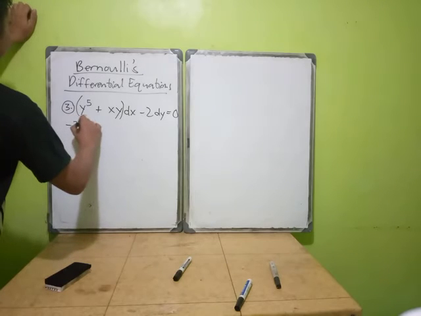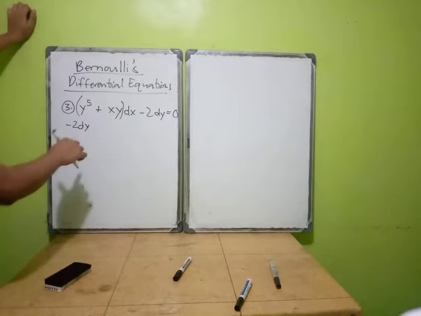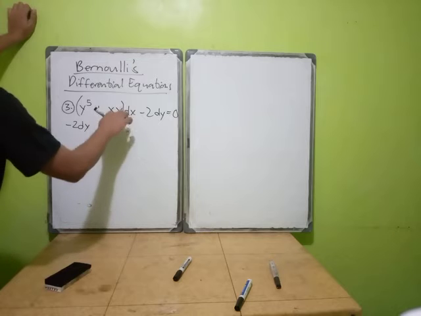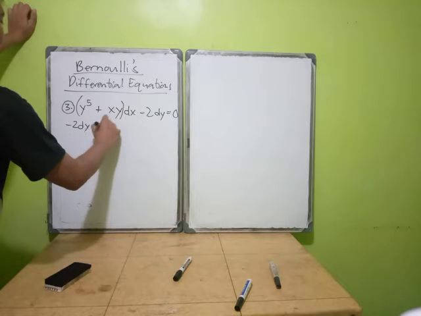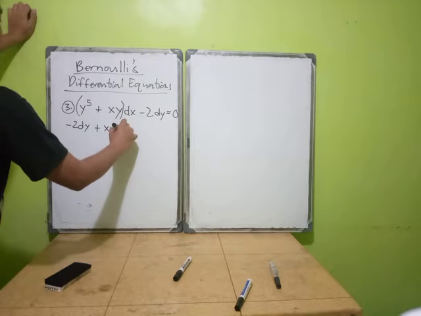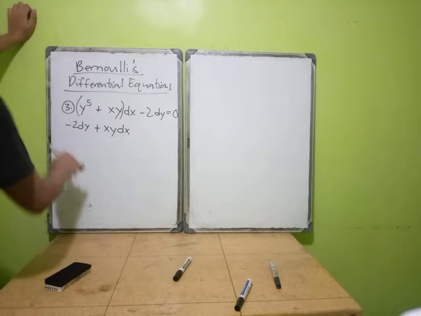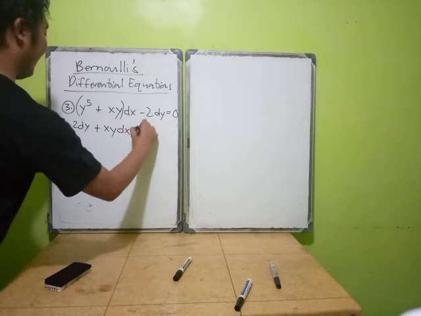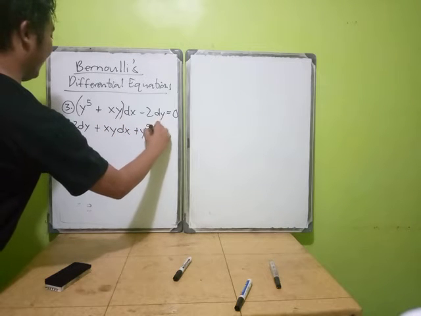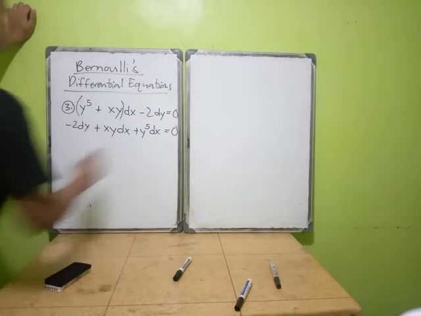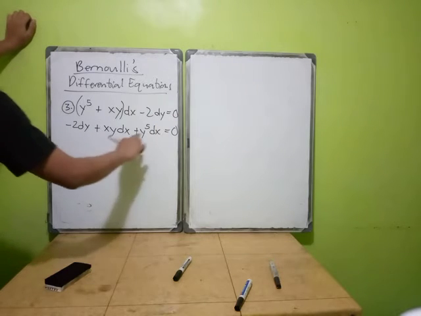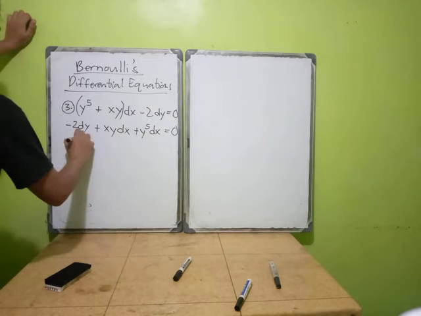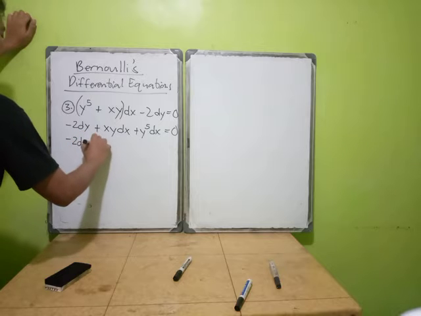So, magiging negative 2 dy ito. Okay, and then, plus xy dx plus y to the 5th dx is equal to 0. Okay? And then, yung gagawin ko, ilipat ko yung y to the power of 5 dun sa kabila.